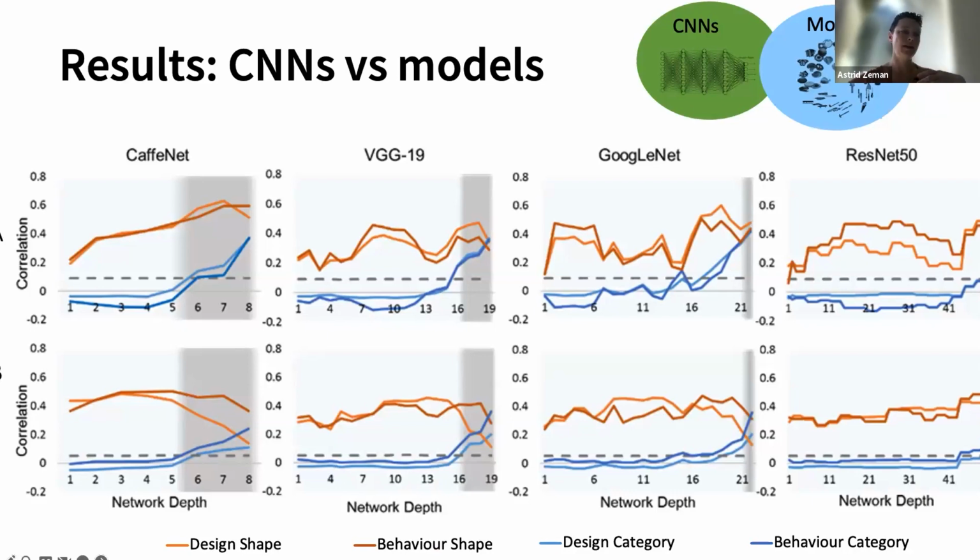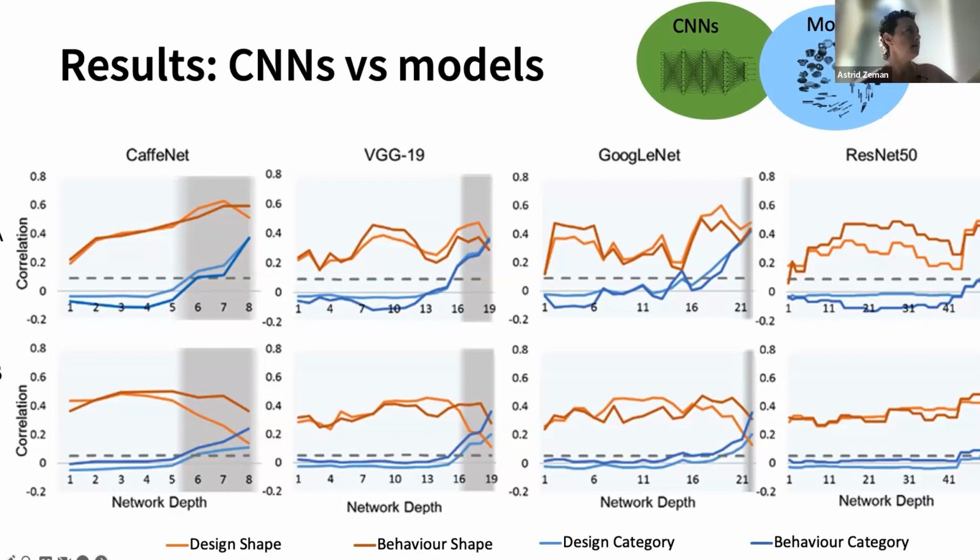And so here is a lot of data. So dataset A is the top row, dataset B is the bottom row. And the shape information is shown by the orangey red color, and the category information is shown in blue. And from left to right, you have networks that have fewer layers, starting with AlexNet or CaffeNet with 8 layers, through to ResNet 50, which has 50 layers.